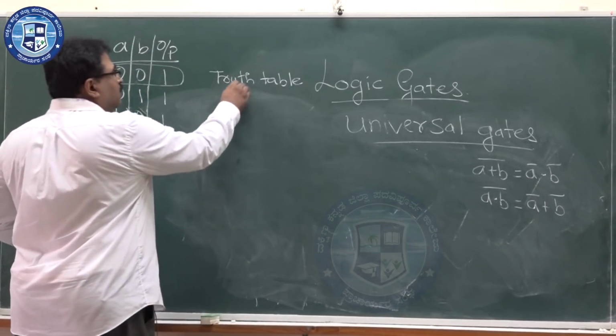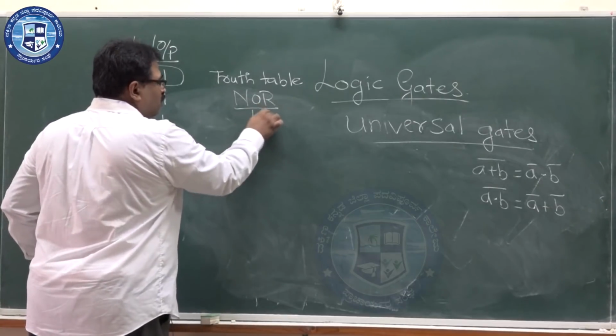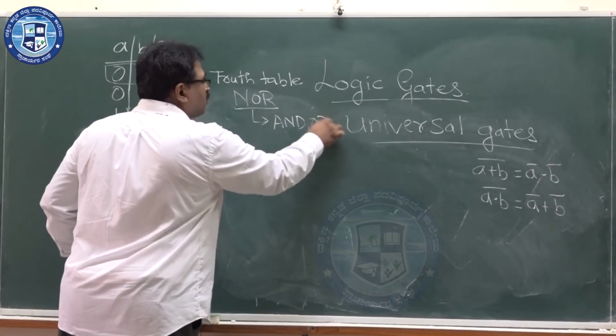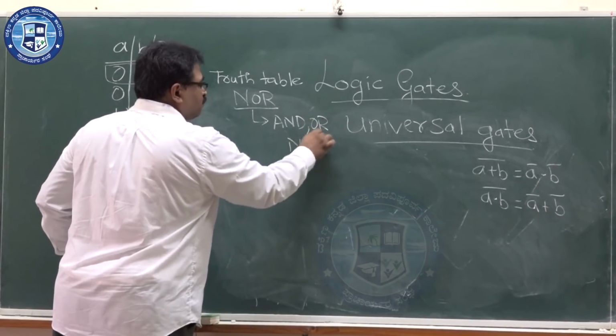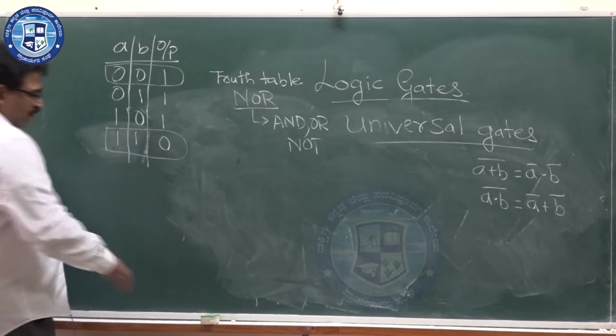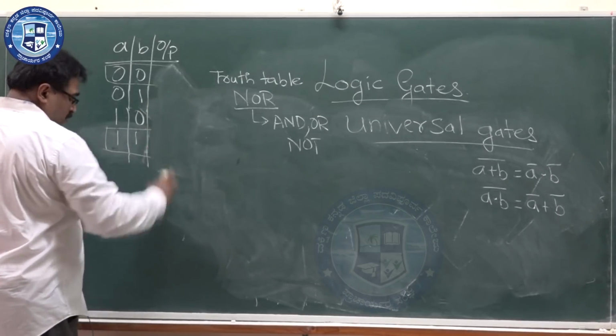How we can make a NOR gate to work like AND, OR and NOT. Right? So for that, it is very important for us to look at the truth table.